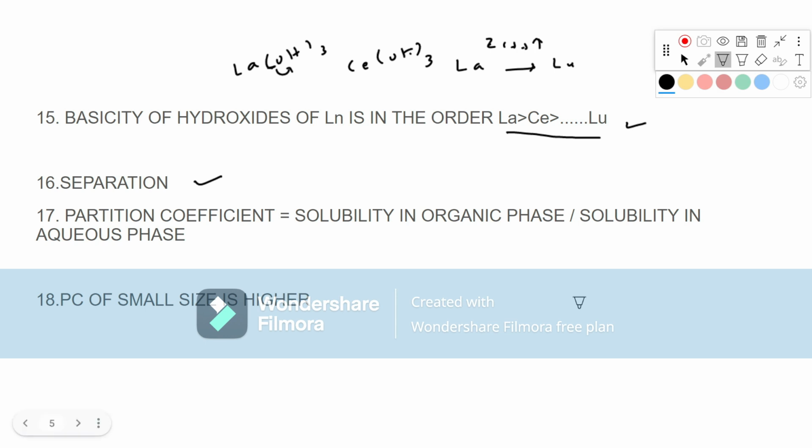If you move from left to right, the partition coefficient of the right side elements, that means smaller size elements like lutetium, is higher. Among all lanthanides, the lutetium partition coefficient is very, very high.